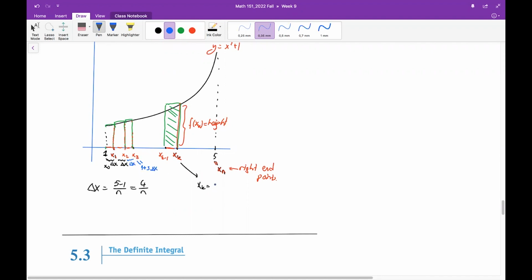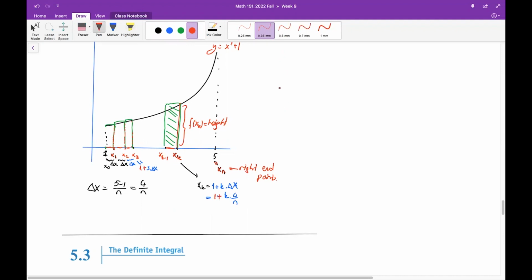And xk in a similar way can be computed by 1 plus k times delta x, so 1 plus k times 4 over n, where 1 is the starting point. Let me also emphasize it: 1 is the starting point.